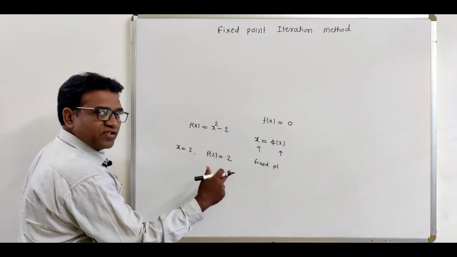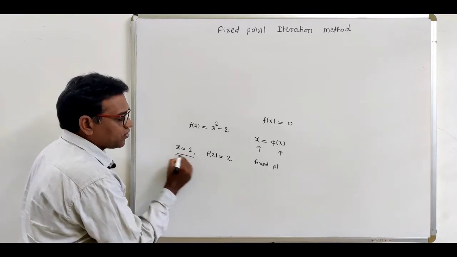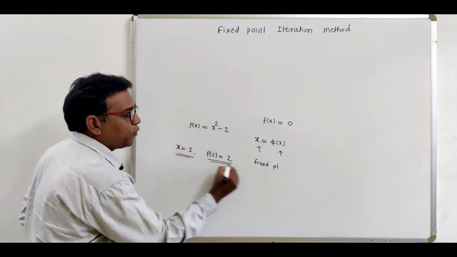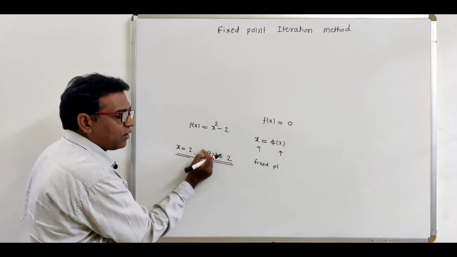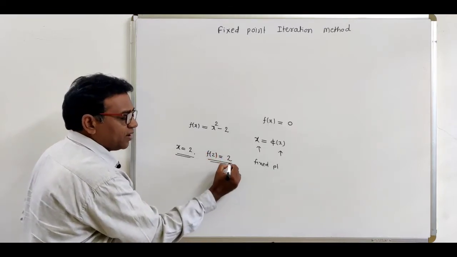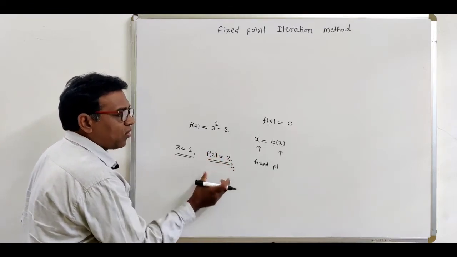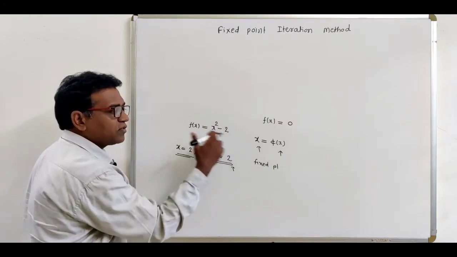So the input of the function is the same as the output of the function, x equal to f(x). That means x equal to 2 is a fixed point for this function.